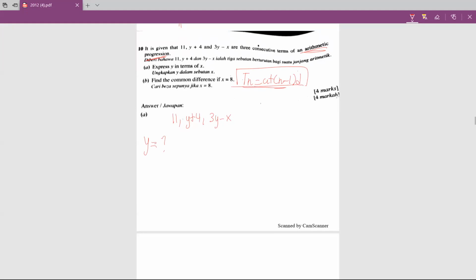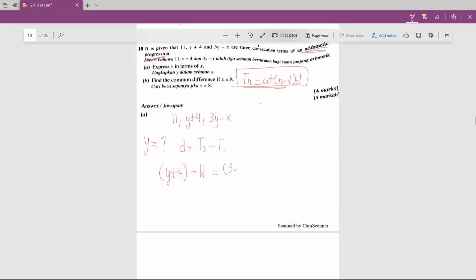So we know if it's common difference d, nak cari macam mana? T2 minus T1. Betul tak? So kita buatlah. Kita kata y plus 4 minus 11 equals to 3y minus x minus (y plus 4).